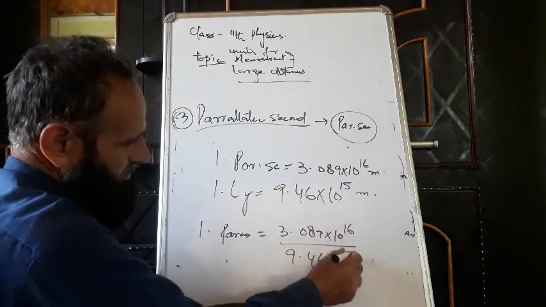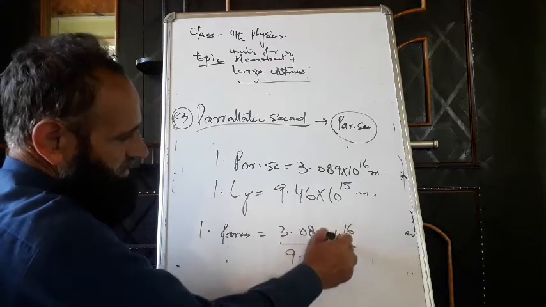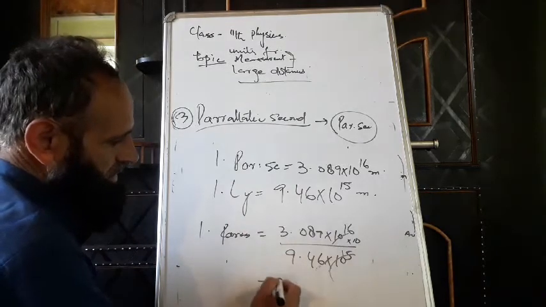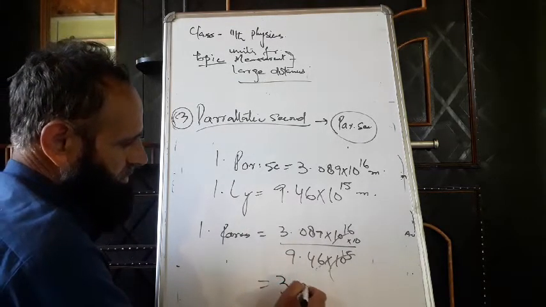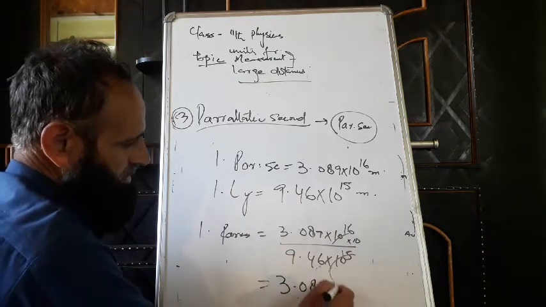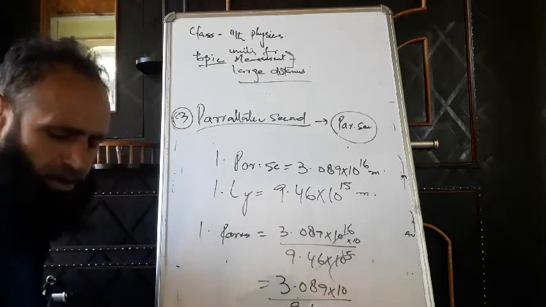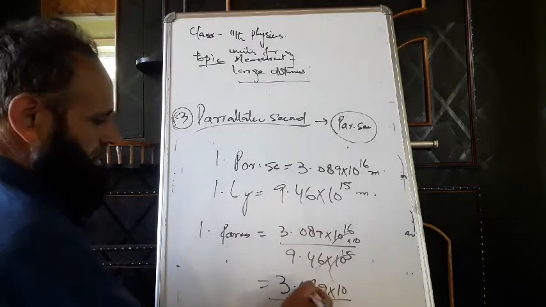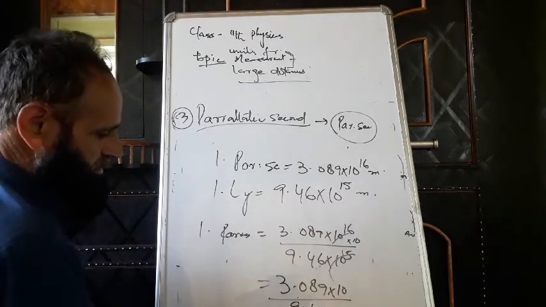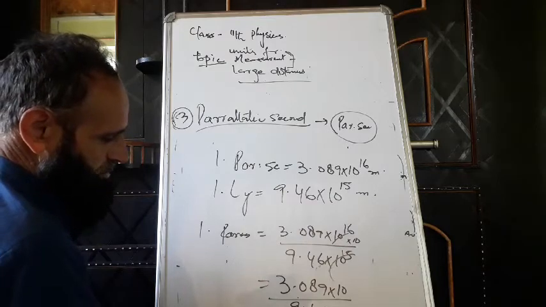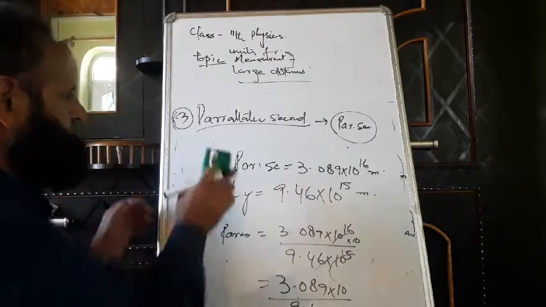The 10 to the power 15 cancels, leaving one 10, so 3.089 multiplied by 10 divided by 9.46, that is 30.89 divided by 9.46.